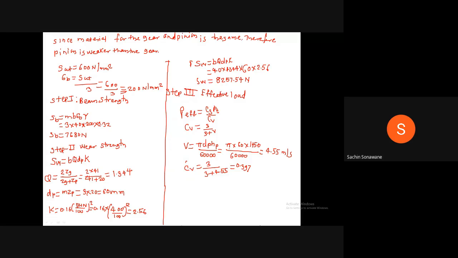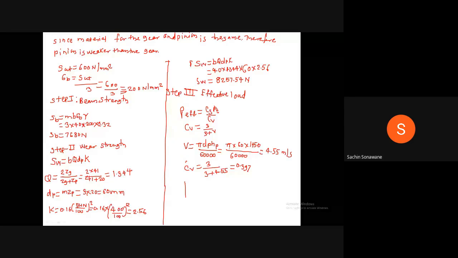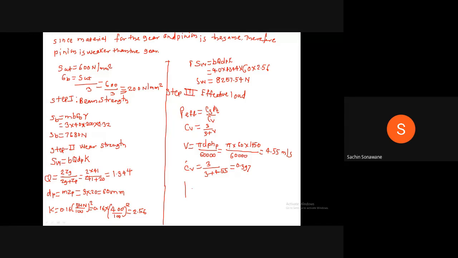Now we will calculate P effective, that is effective load, in terms of PT. P effective is equal to, substituting the value of CS, 1.75 into PT divided by CV 0.397.